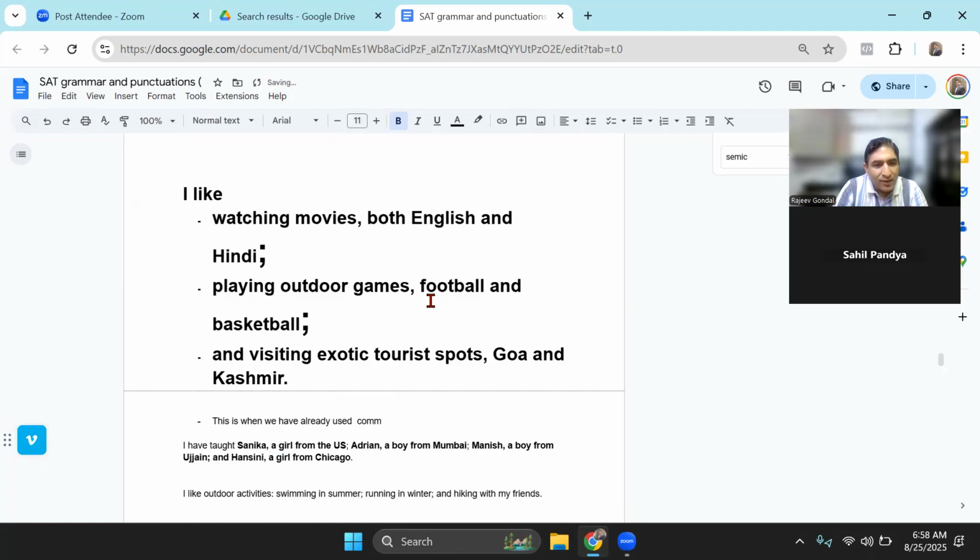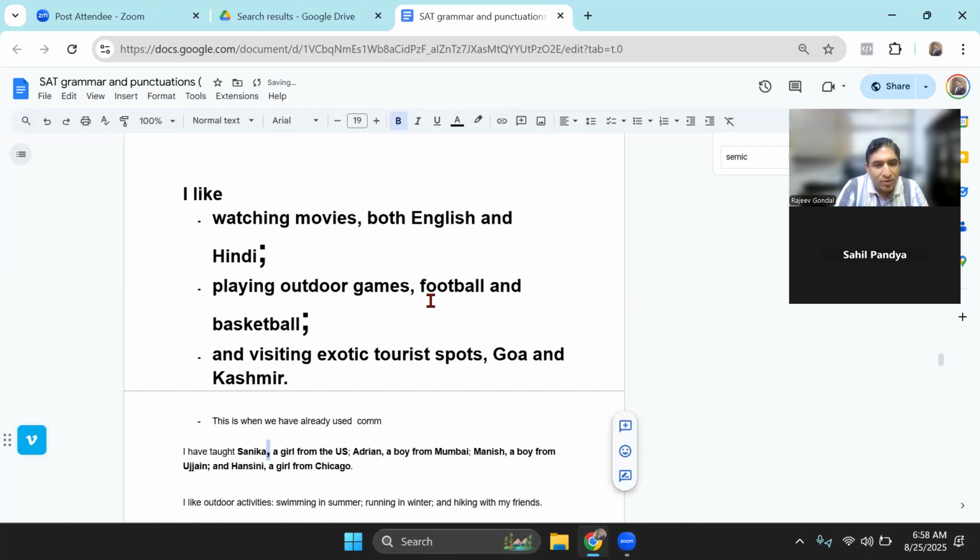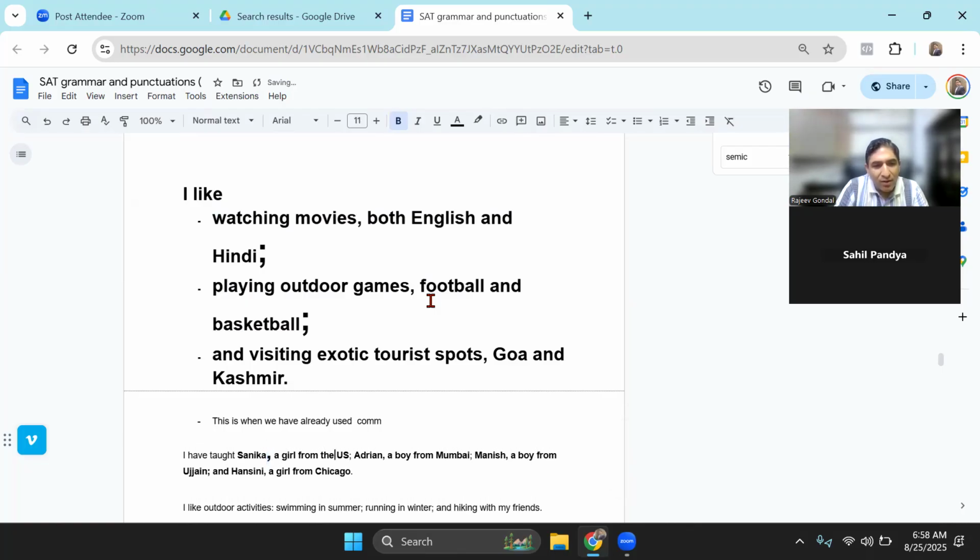Does this make sense? Can you see again a combination of commas and semicolons coming up here? Wherever you want to make a list like this, you can use it. And there might be some questions where you are tested on this concept. Does this make sense?